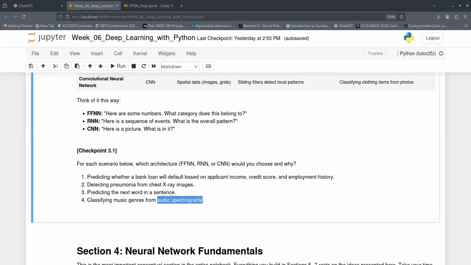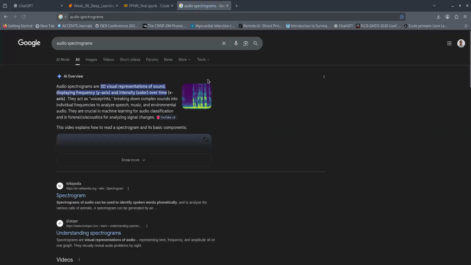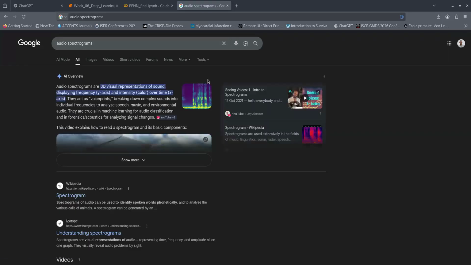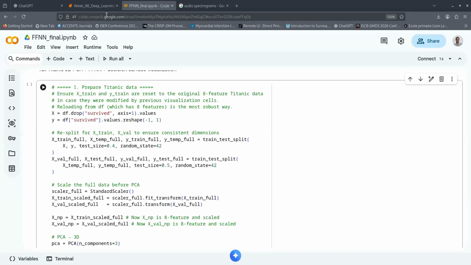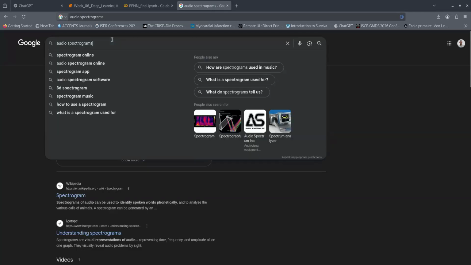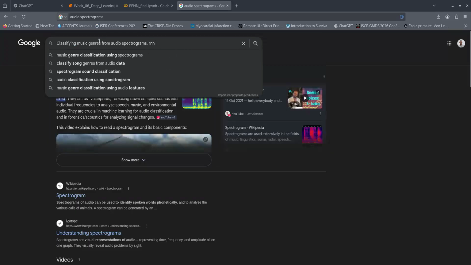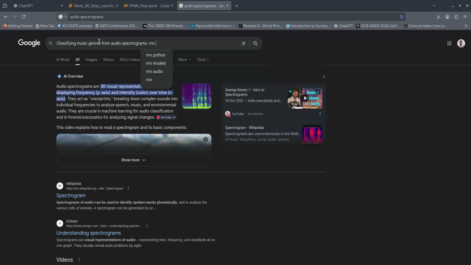The RNN. So who said CNN? I said CNN, but listening to the definition of audio spectrograms now, I think I am beginning to tilt towards the RNN as well. Oh, okay. Let's move on to another thing.